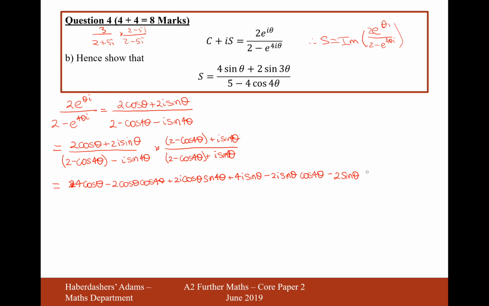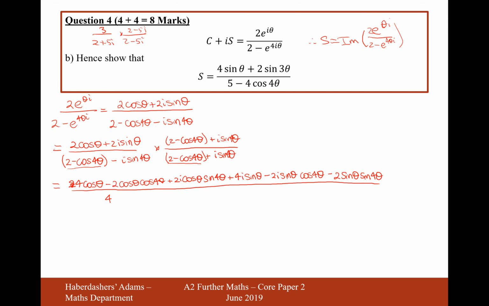Now, when you're multiplying by the complex conjugate, it's effectively the difference of two squares. Because we'll have a plus and a minus, we only need to multiply the first bit by the first bit, and the last bit by the last bit. If we multiply the first bit by the last bit, that will cancel out with the last bit times the first bit.